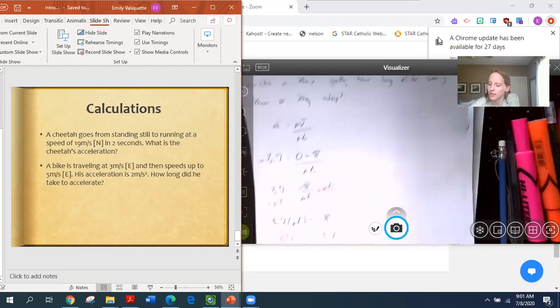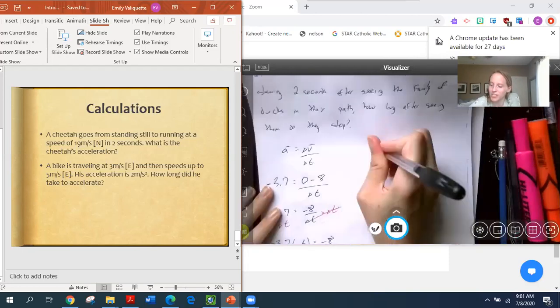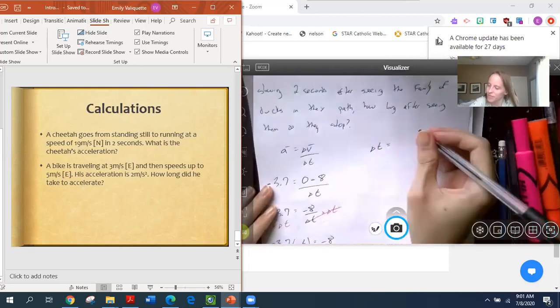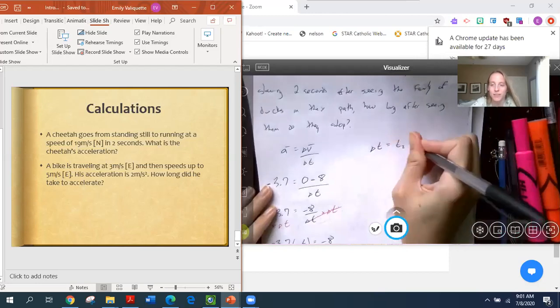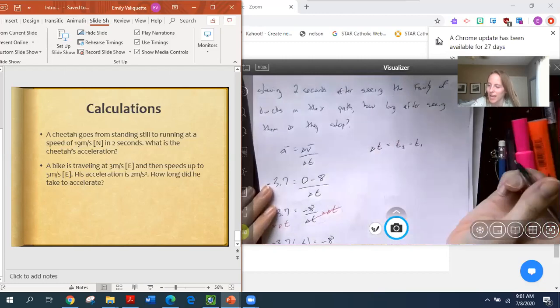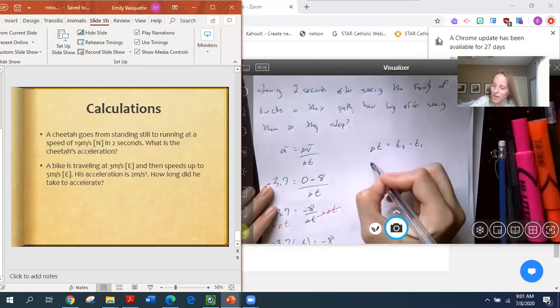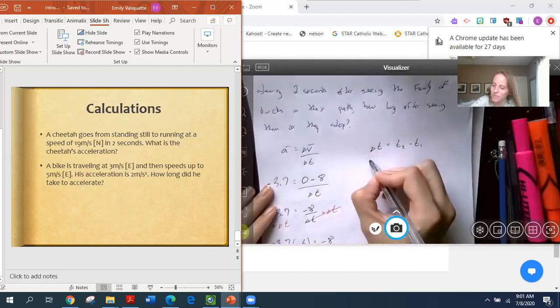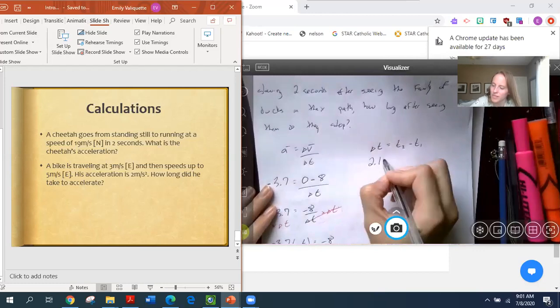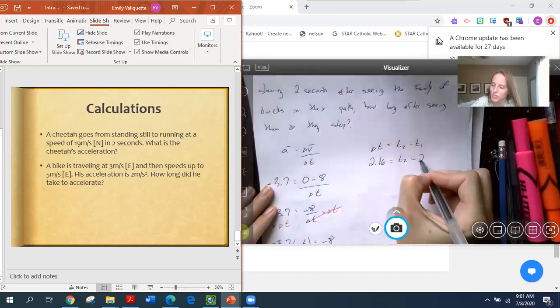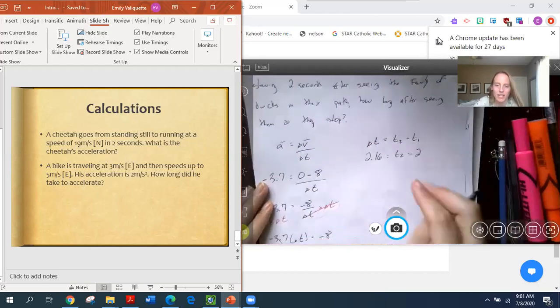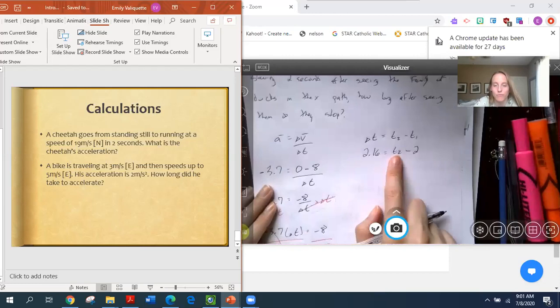So my change in time is what I just solved. But remember, that is t2 minus t1, second time minus initial time. And so t2 is what I'm looking for. t1 is the 2. And I have to isolate t2.